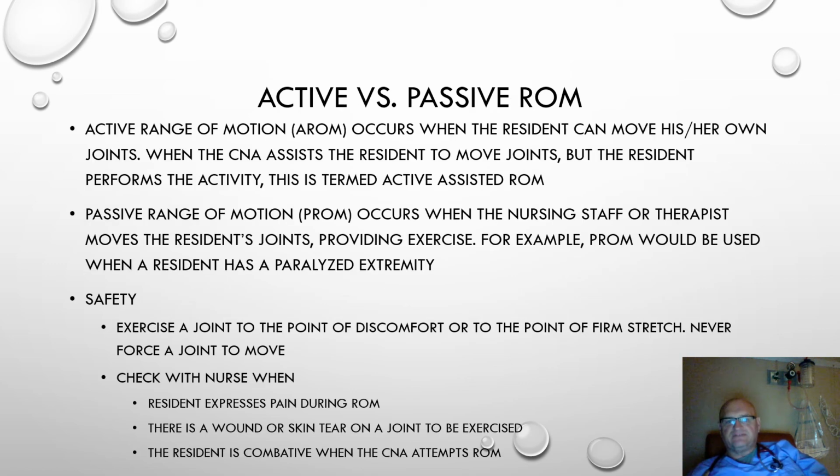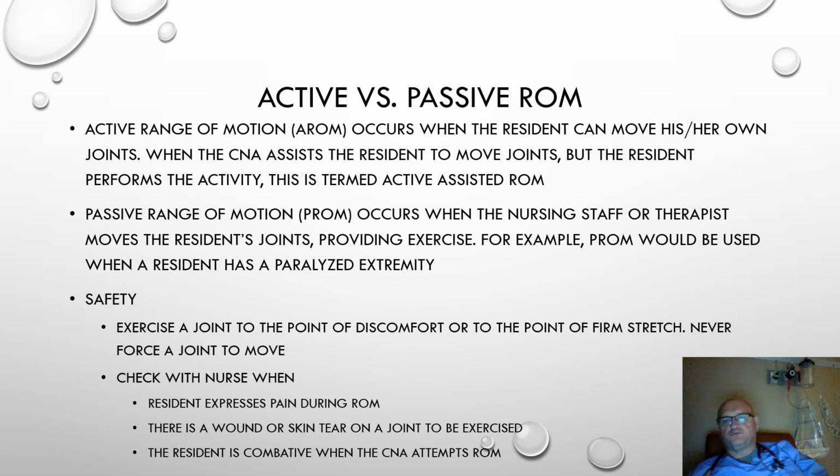Active versus passive range of motion. The active range of motion, or AROM, occurs when the resident can move their own joints. When you have to assist the resident to move the joints, but the resident performs the activity, the term is active assisted range of motion, or AAROM. Passive range of motion occurs when the nursing staff or therapist moves the resident's joints, providing the exercise.